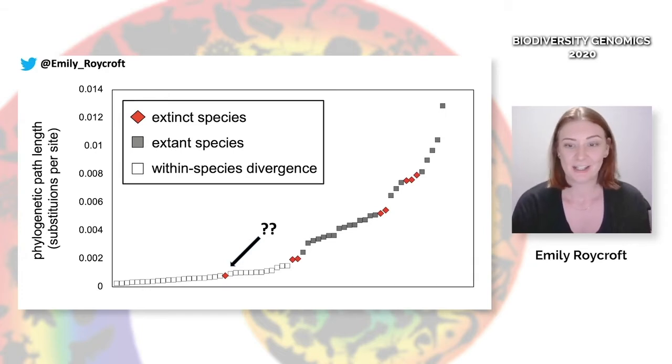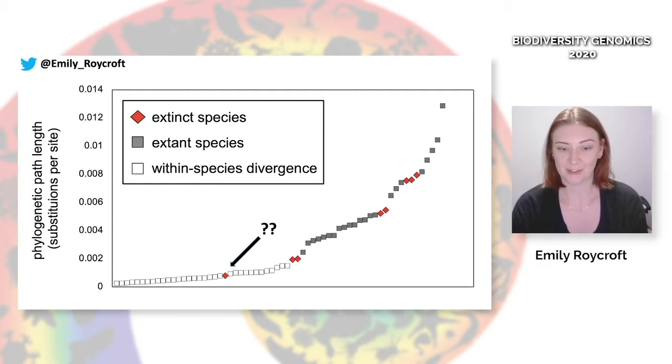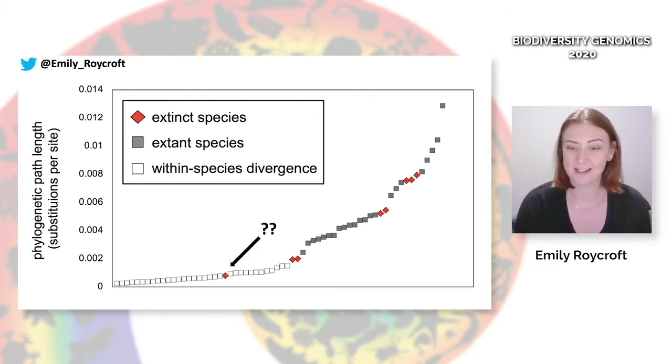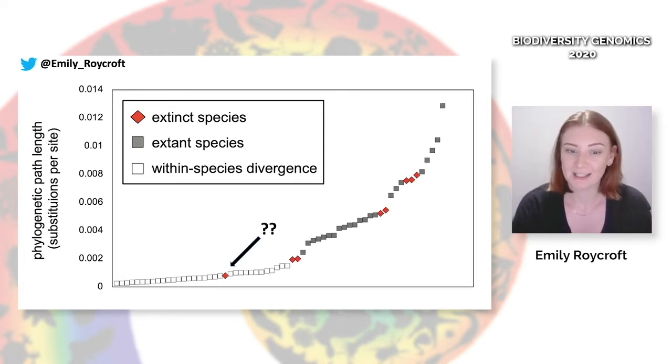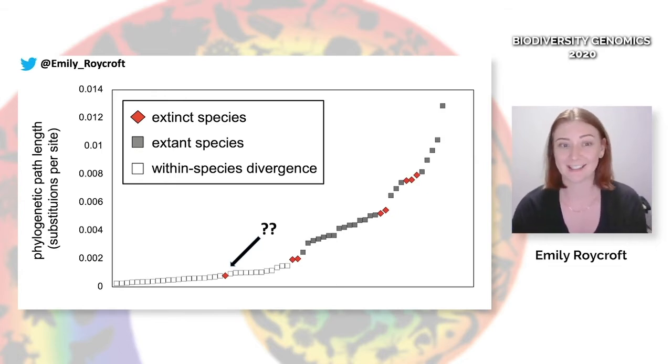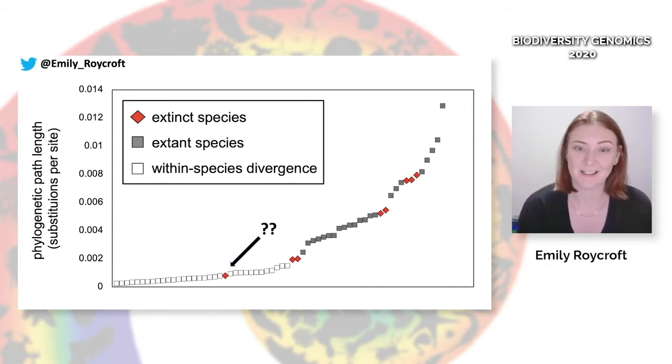Here you can see the species level and intra-species divergences plotted as a distribution where the white points are within species and the grey points are between species divergences. And the red points are extinct species. So you can see that one of these extinct species is falling within this distribution of white points. So that tells us that this extinct species is actually the same species as a living species.